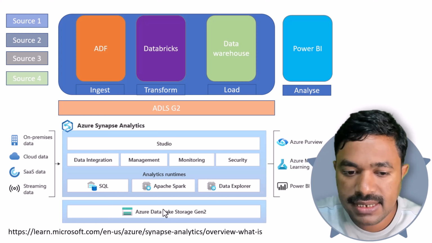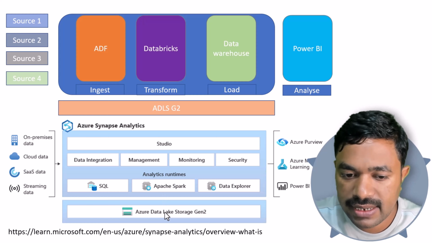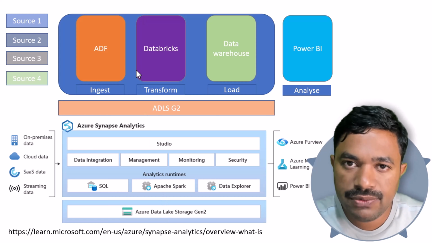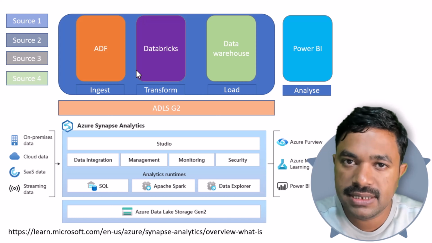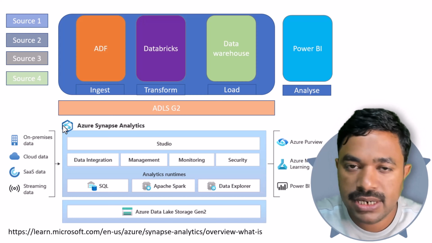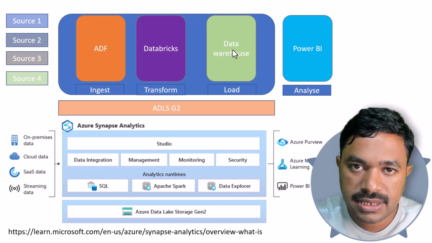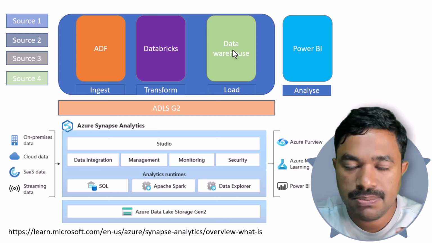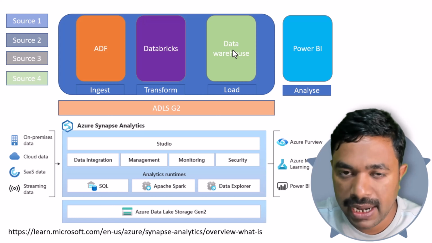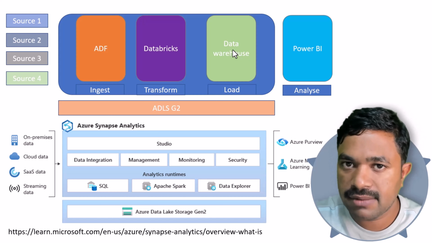Just like how we performed ingest operations in Data Factory, we have the option of data integration. Also, to design a data warehouse, we have SQL pool. And to perform big data analysis, we have Spark pool, and there are many other services as well.